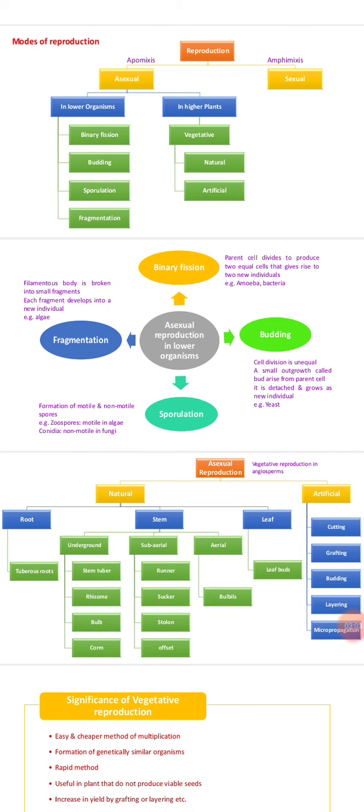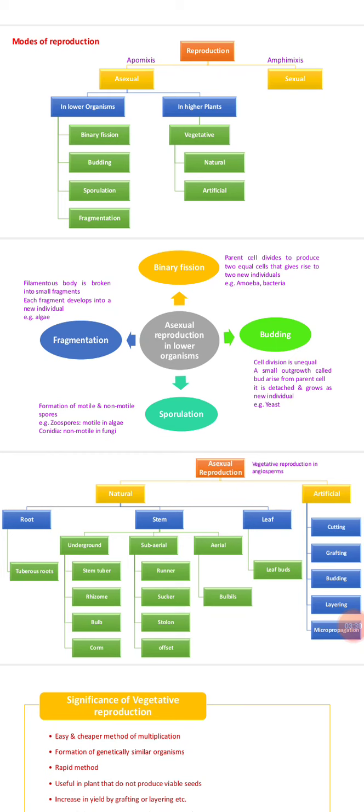The second we are going to see is fragmentation. We are well acquainted with algae. You must have seen algae near aquatic habitats, or where moisture is present, or on wet soil, the green colored algae growing profusely.